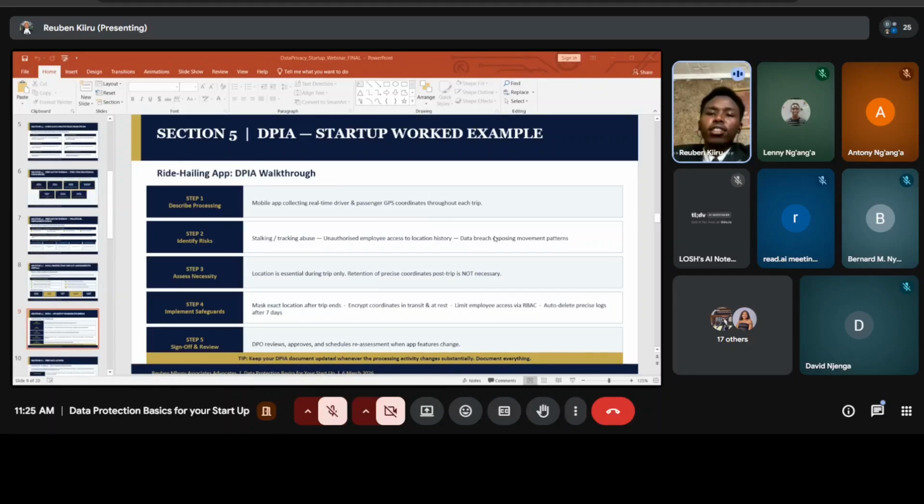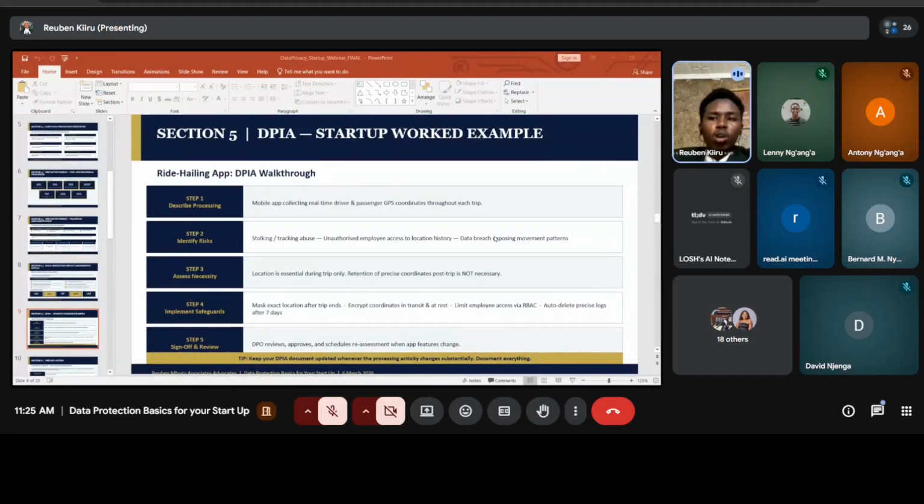So you, being the founder of Uber, should ensure the safeguards you put in place. First of all, let's go to necessity. Is location data necessary? Yes, it is. Is retention necessary? No, it is not. Now, if we want safeguards, and we know that an employee might have access to this data, what can we do?